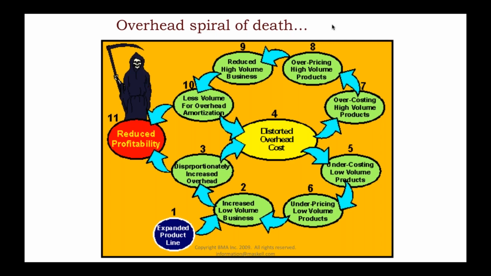And the trap or the spiral of death is that if you discontinue products or outsource products because of perceived high overhead costs, that raises the overhead costs of all the remaining products and they become less profitable, and then you try to discontinue or outsource more. And that's known as the spiral of death. And maybe some of you have experienced that in your careers or your businesses.